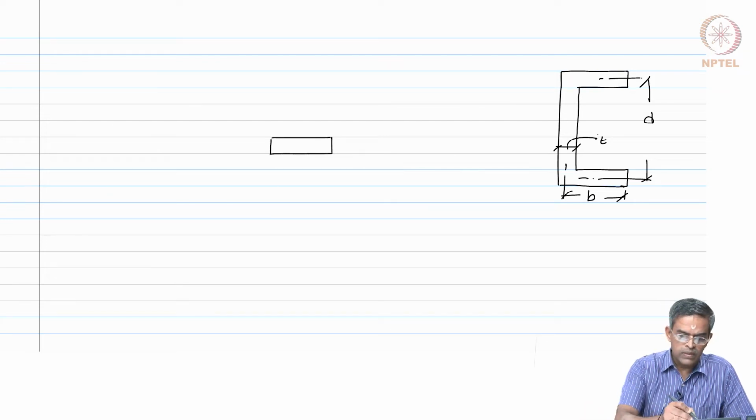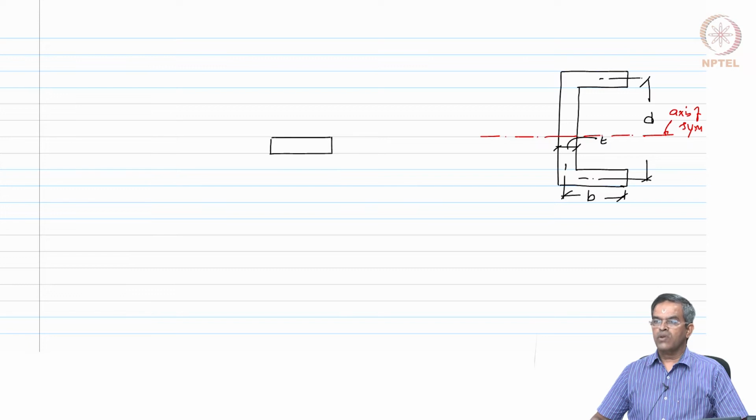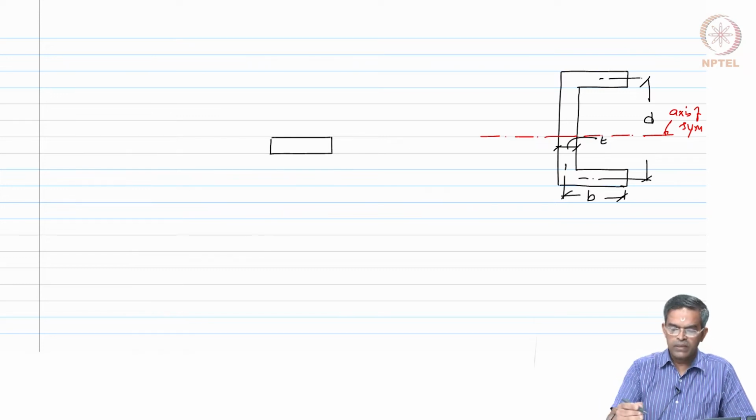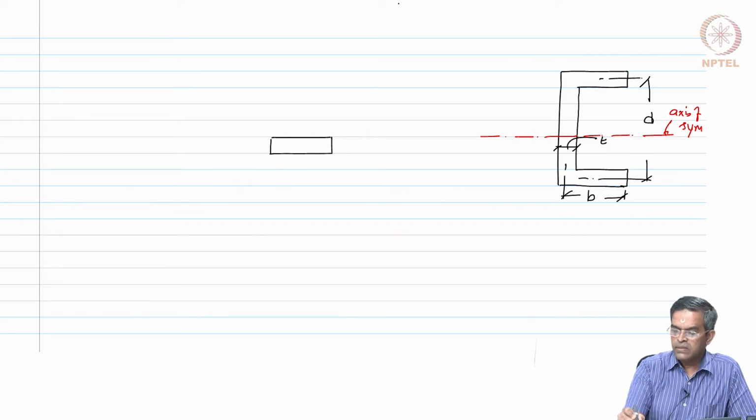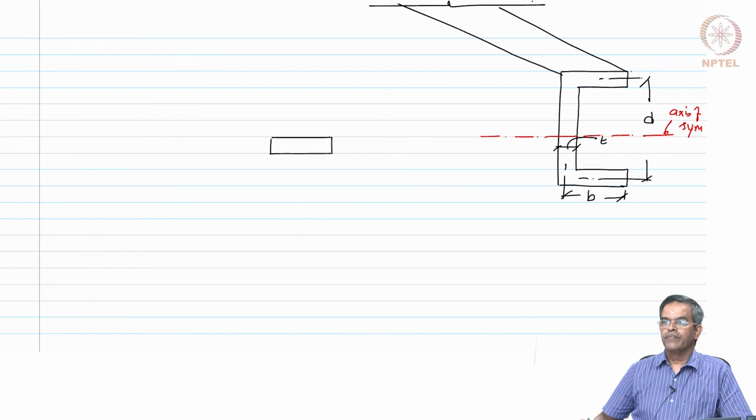We know that this section has an axis of symmetry. Shear center has to lie on this axis. Okay. Let us imagine this along its length.